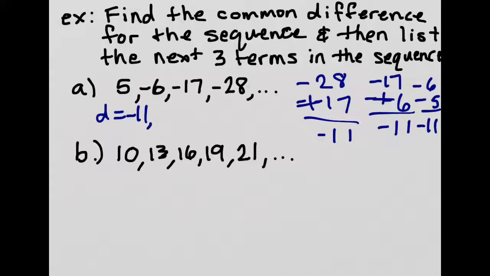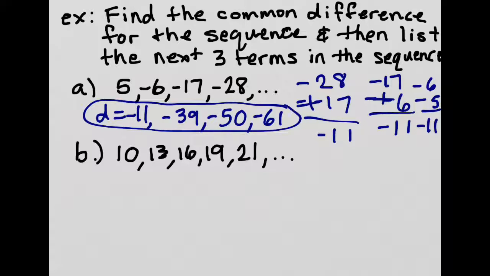To get our next 3 terms, we just take the negative 28 and add negative 11. So that will give us negative 39. After that, that gives us negative 50. And then after that, that will give us negative 61. And those are our next 3 terms along with our common difference.